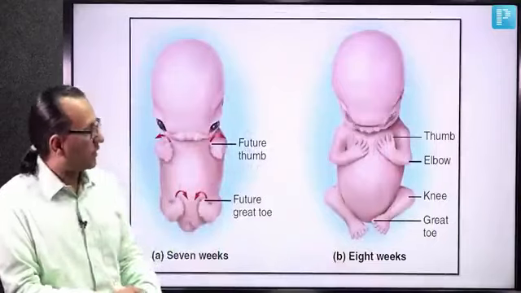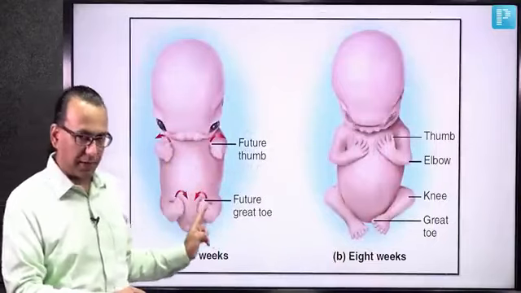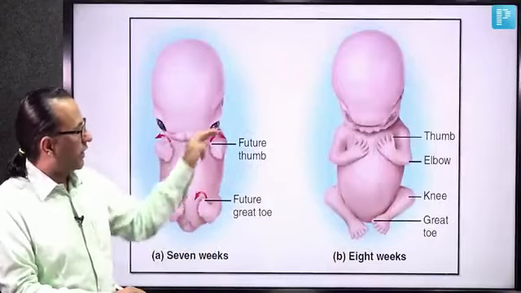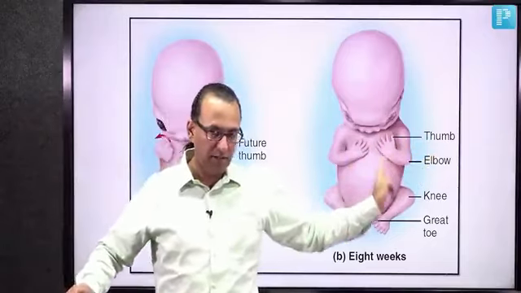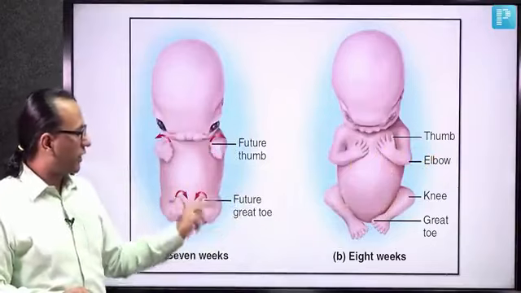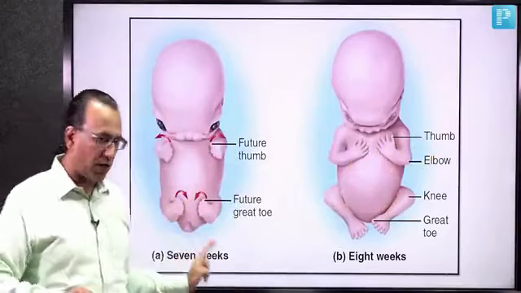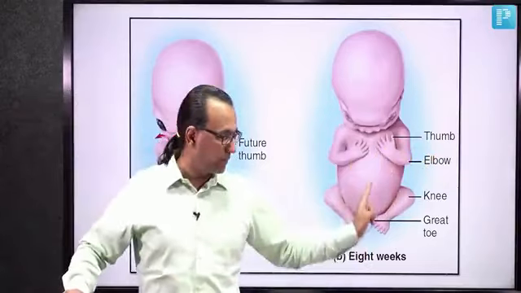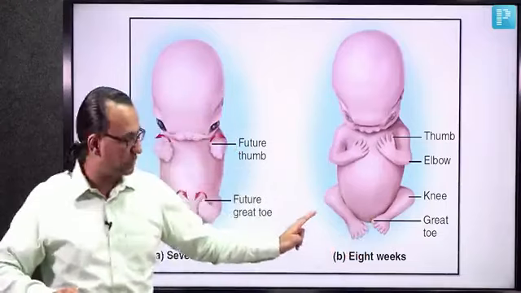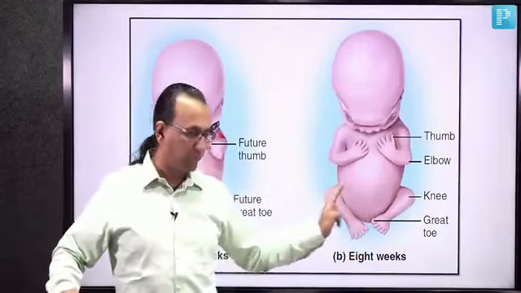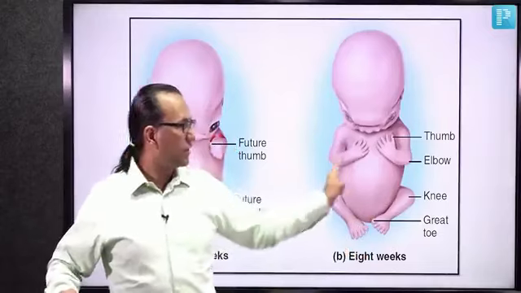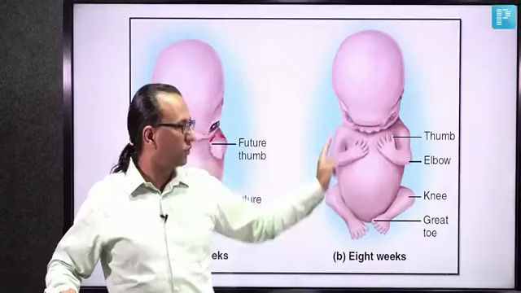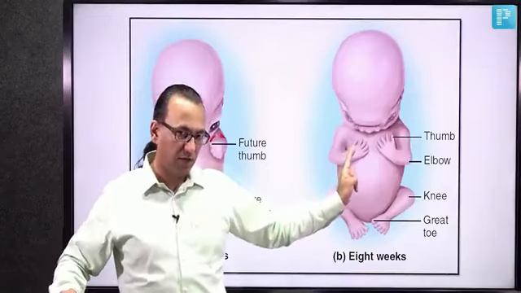During development, the upper limb and lower limb are rotating. We see the upper limb is rotating laterally by 90 degrees so that the thumb will come lateral in the anatomical position, whereas the lower limb is rotating medially by 90 degrees so that the great toe will come medial in anatomical position. Also, you will notice that the lower limb is folding posteriorly, so the flexor compartment will be posterior in the lower limb, whereas the upper limb is folding anteriorly, so the flexor compartment will be anterior for the upper limb.